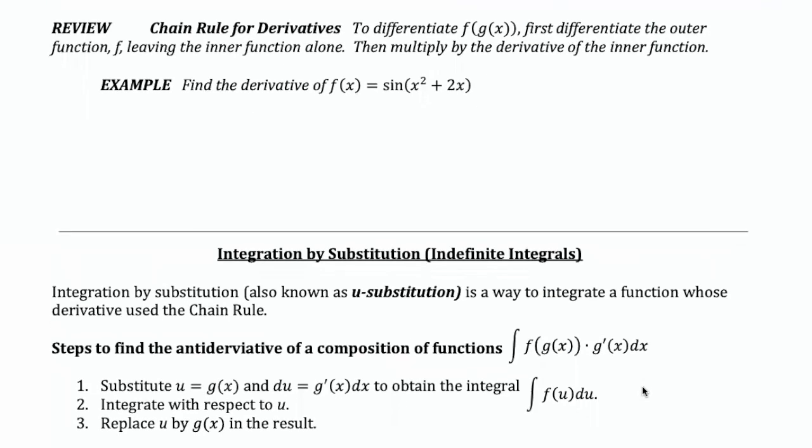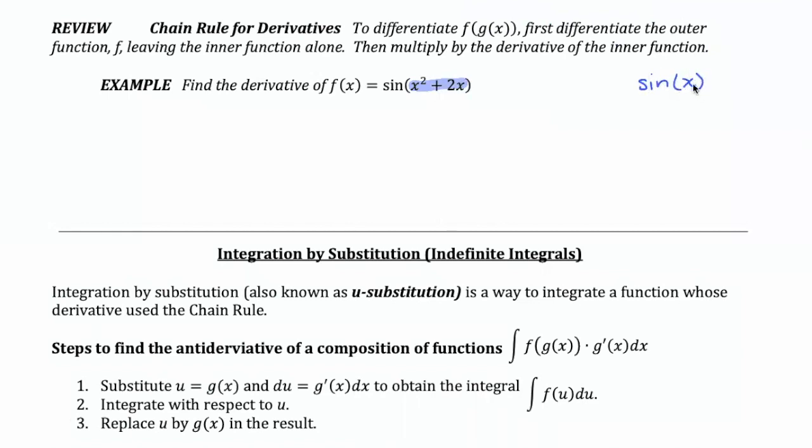All right, now before we get to u-Substitution, I want to make sure that you remember what the chain rule for derivatives is. When your function is actually a composition of functions, you're going to recognize it because when you look inside the parentheses at the argument, you're going to notice that in and of itself is a function of x, as opposed to me just having the function sine of x.